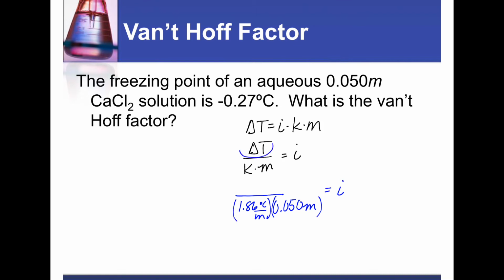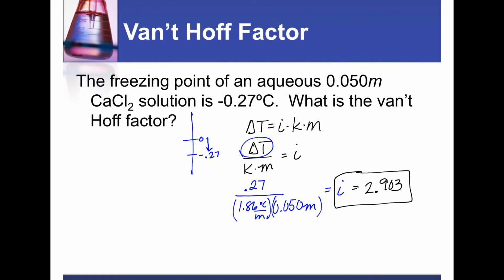And for the delta T, again, water has a freezing point of 0. This freezing point is negative 0.27. So it's gone down. It's been depressed 0.27 degrees. 0.27 is my delta T. So when I put those numbers in, I get 2.903 for my i.